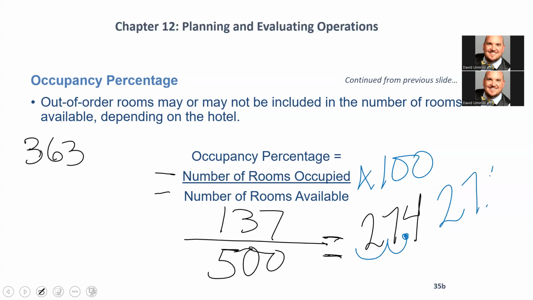So 27.4% occupied. So our occupancy percentage is how many rooms are actually occupied, using reservations, people who are in the rooms, divided by the number of rooms that are in the hotel.